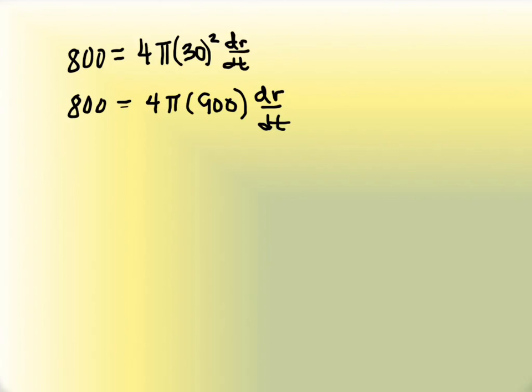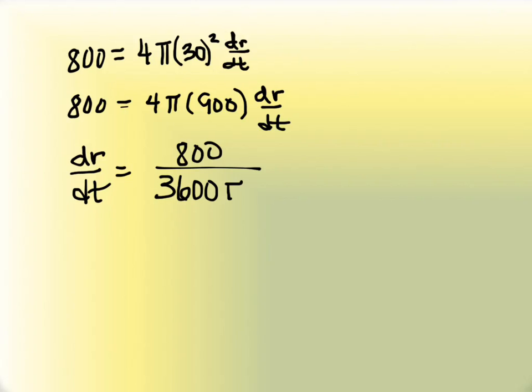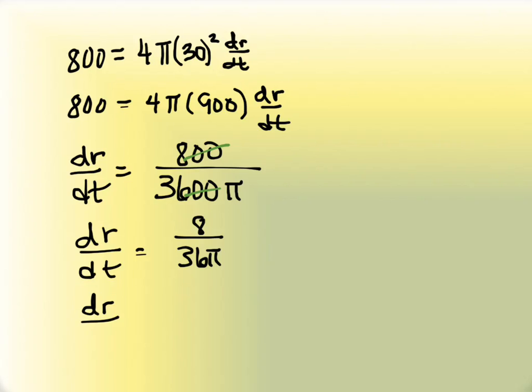And if we solve this, we're actually going to find that dr dt is 800 divided by 3600 pi. You can enter it just like that if you want. You could also recognize that the zeros are going to cancel, so you could enter this as some version of 8 over 36 pi. The 8 and the 36 can't simplify further as well. But dr dt then is what we're actually looking for.